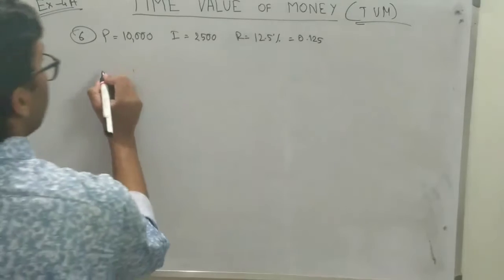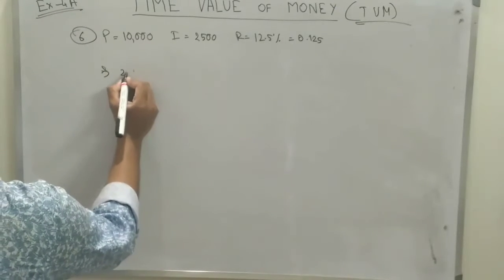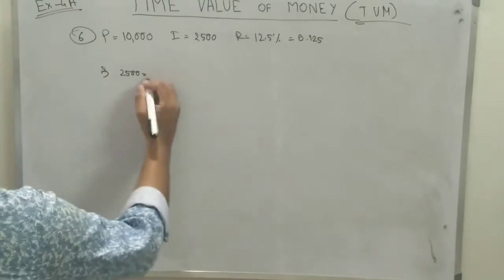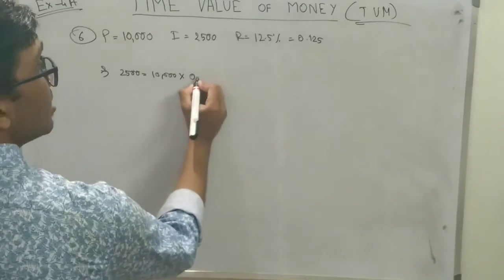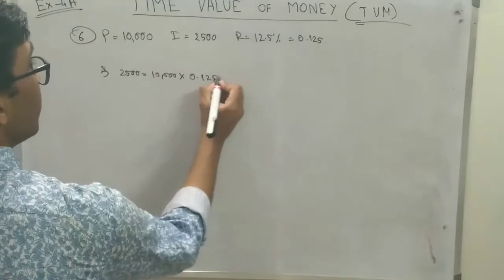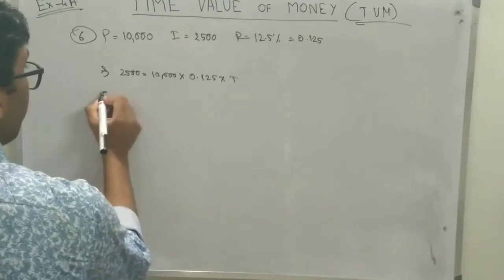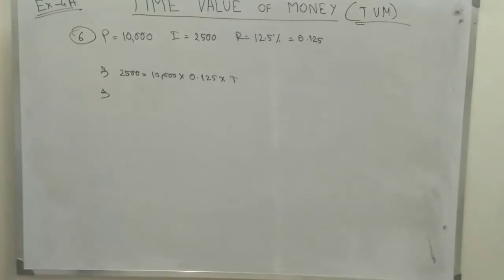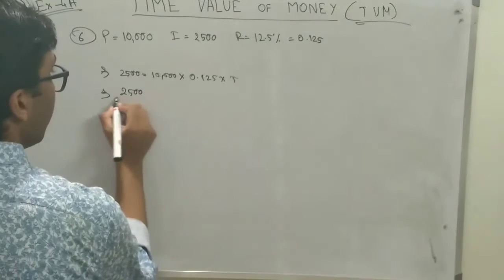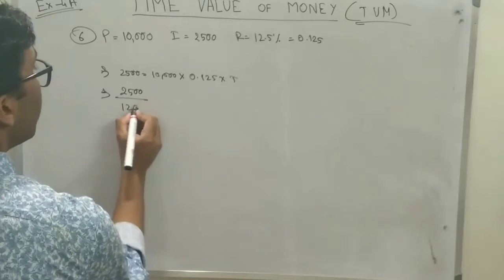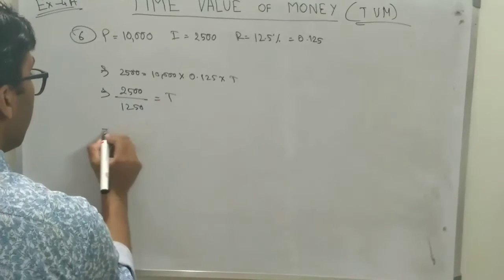That means you are given the interest amount. 2,500 is equal to PRT, that means 10,000 into rate 0.125 into T. You have to calculate the time. That means 2,500 by 1250 is equal to the time.